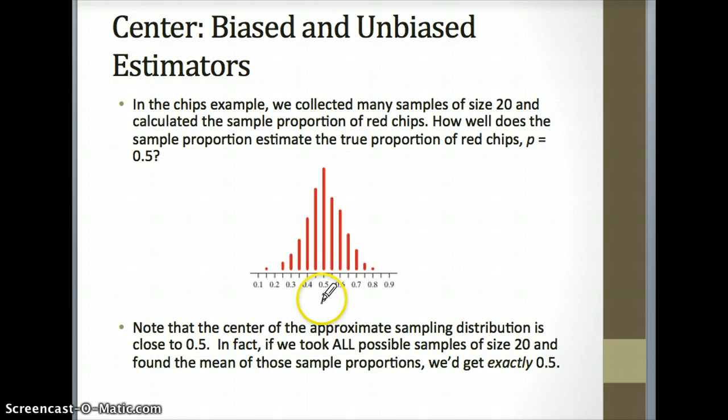We could see that it's centered at 0.5, and we spoke a lot about this the last class, that theoretically it should be about there. But if we were to take all possible samples of 20 to find the mean of the sample proportions, you'd get exactly 0.5.